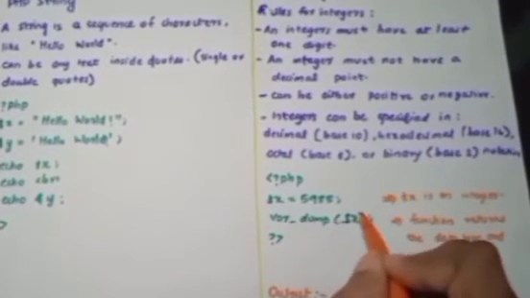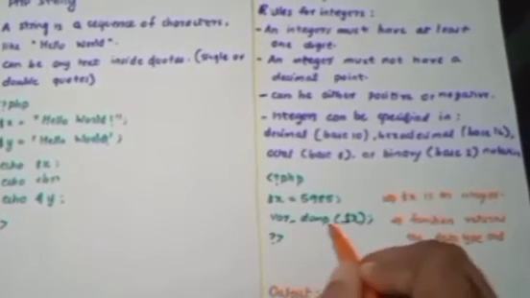This is a built-in function in PHP, and its purpose is that it returns the data type and the value. So we are just passing this variable x directly to this function.